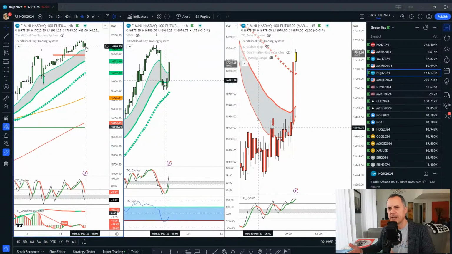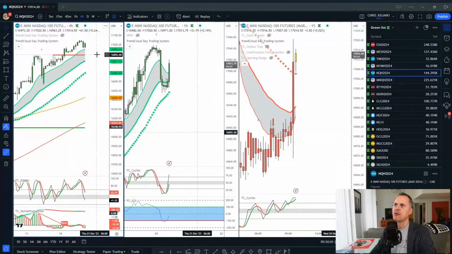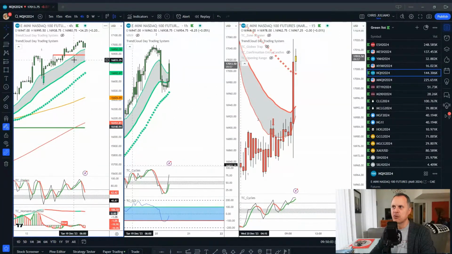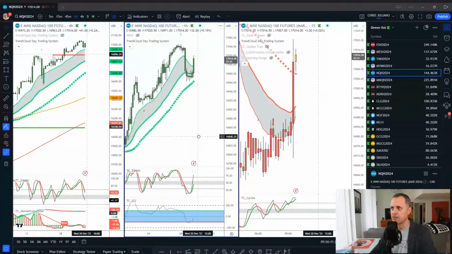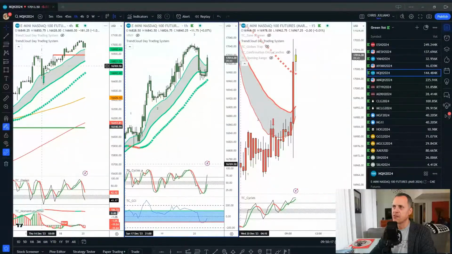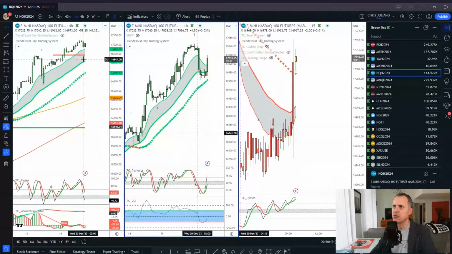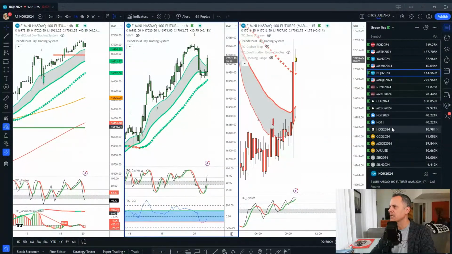I don't short any stocks, but I accumulate stocks, and I use TrendCloud to do that. Because SPR is a NASDAQ stock, you want to make sure that the NASDAQ is up if you're buying this thing. And it is. We broke through new highs on the NASDAQ.